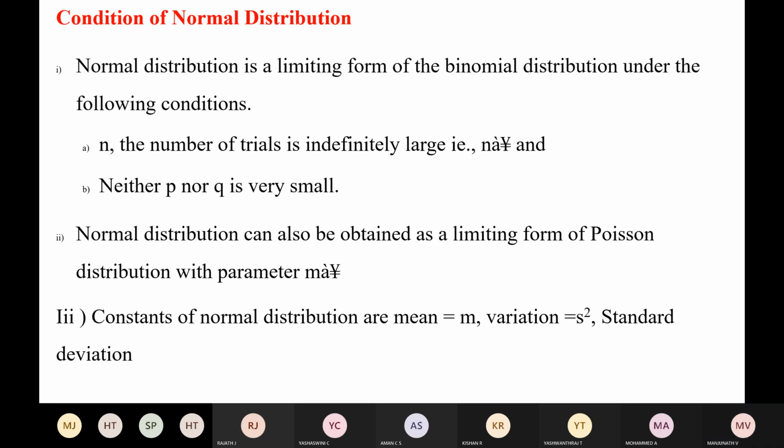But technically speaking, anything more than 120 we call a large sample size. But generally, we consider all samples of 384 and more as large samples.